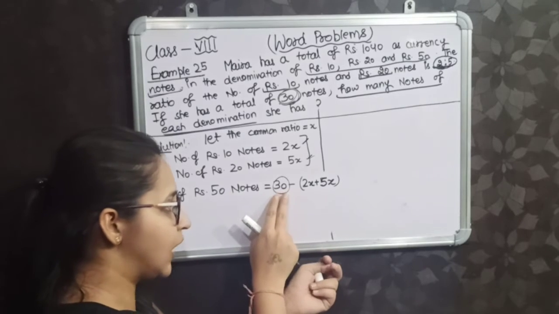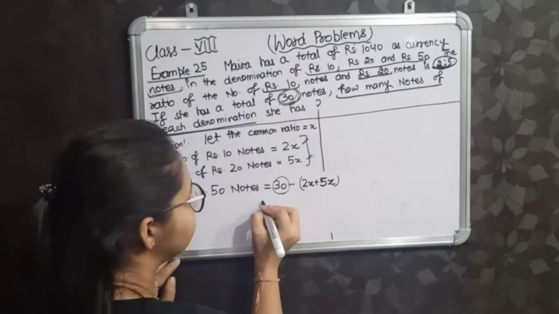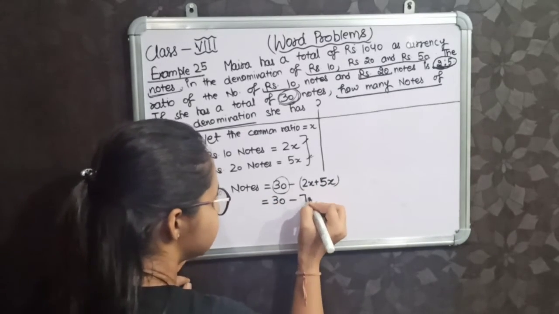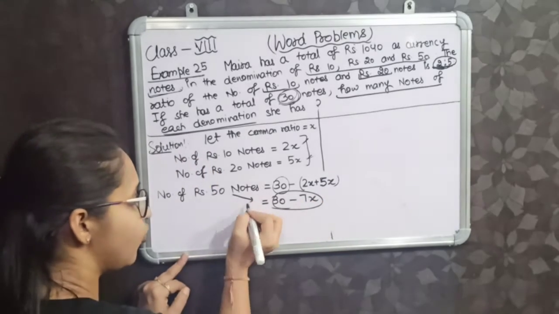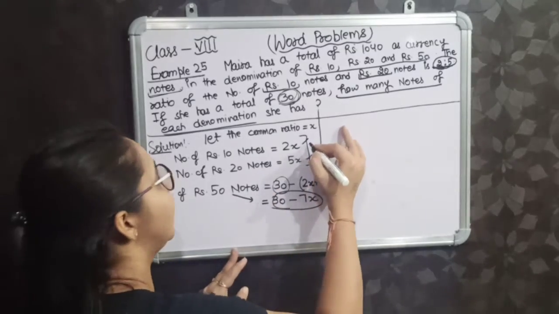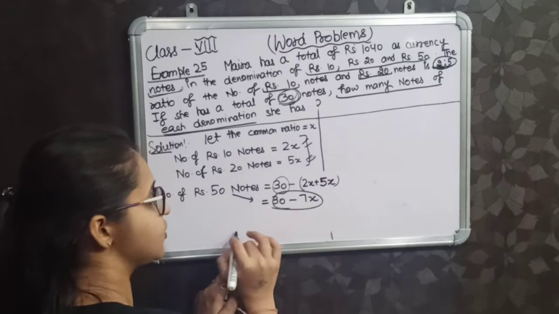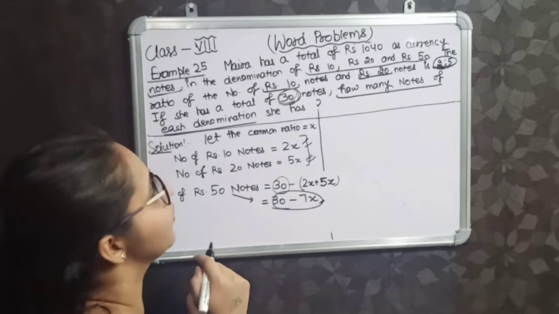It will give you 30 minus, adding 2x plus 5x, 30 minus 7x. So this is the number of rupees 50 notes. Now you are done with the number of 10 rupees notes, 20 rupees notes, and 50 rupees notes. Now come to the question again.